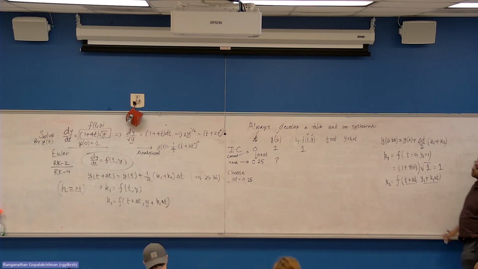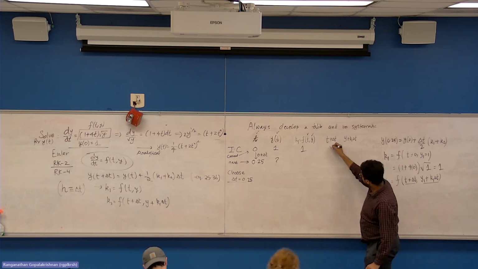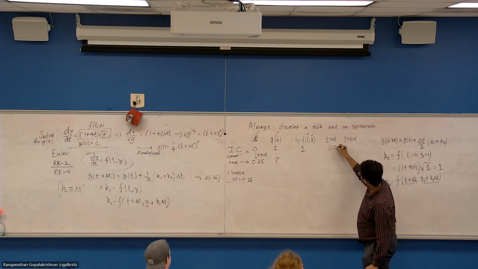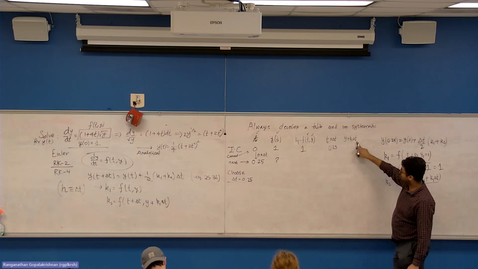What is t plus delta t? T is 0. Delta t is 0.25 in this case. So this is 0.25. And I have y, I have k1, I have delta t.